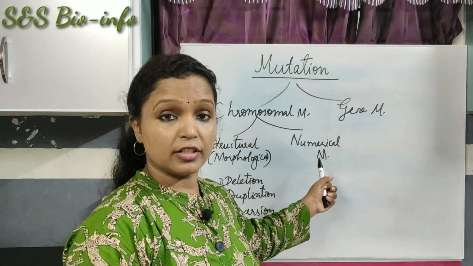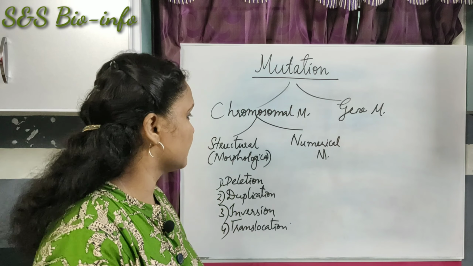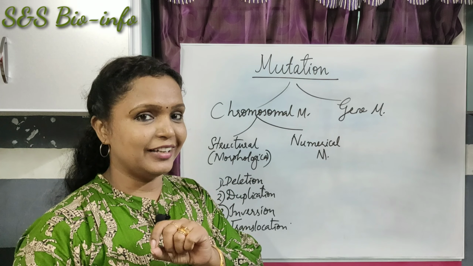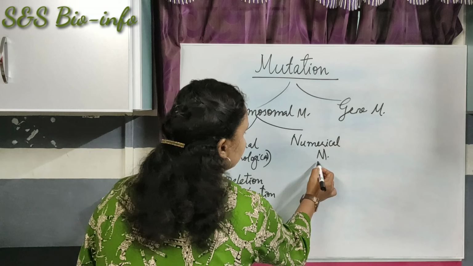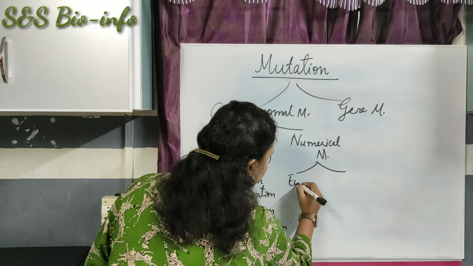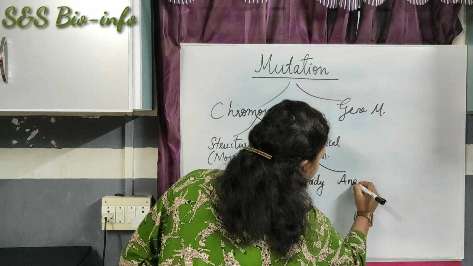Numerical chromosomal mutation means the number of the chromosomes can be changed by certain kinds of factors. The numerical mutations are of two types, euploidy and aneuploidy.